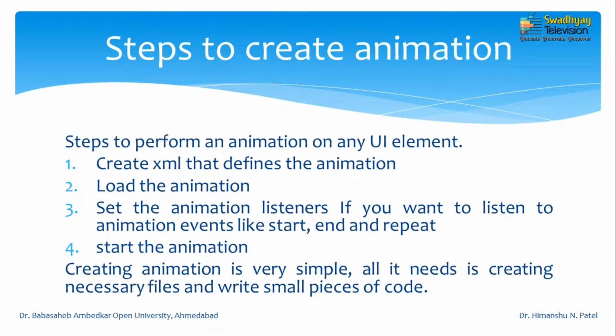What are the steps to create animation? Creating animation is very simple. All it needs is creating necessary files and writing a small piece of code. Once you define animation inside XML file, it is very easy to load these animations using very small code. Basically there are 4 steps, one of them is optional. First, we create XML that defines the actual animation, second, we load the animation, third, we set the animation listener.